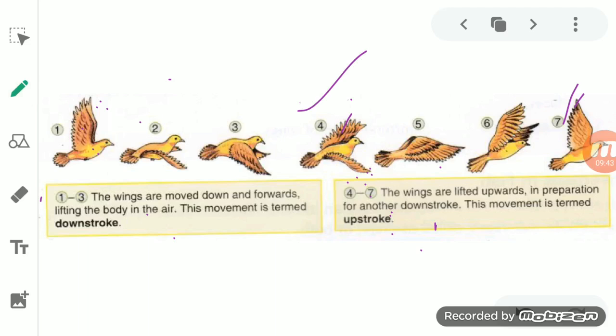During the downstroke, they push the air, but in the upstroke, when the wings go up, the bird folds its wings so that the effect of the air acting on it gets reduced. Okay student, so this is the movement occurring in birds.